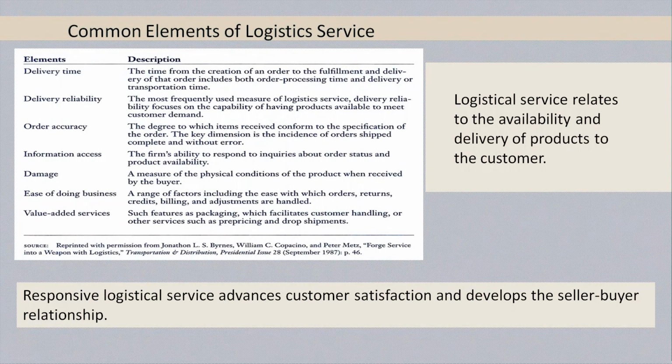Some of the concepts may be interesting to refer to, for example, the ease of doing business. Here the supply chain management, the logistics service, plays a major part in improving the customer's level of satisfaction with the ease of doing business.